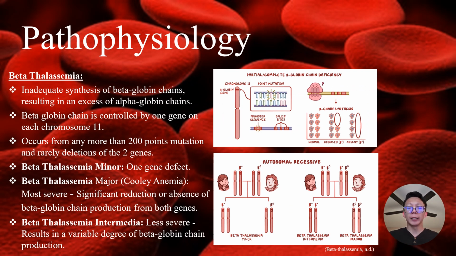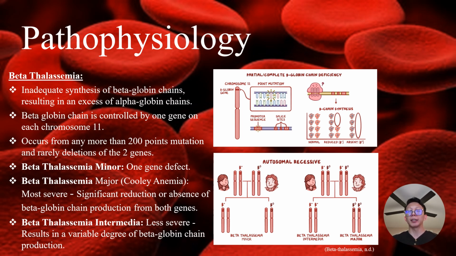On the other hand, beta thalassemia results in the reduction or the absence of the production of beta globin chains. This deficiency usually leads to decreased hemoglobin production, resulting in anemia.